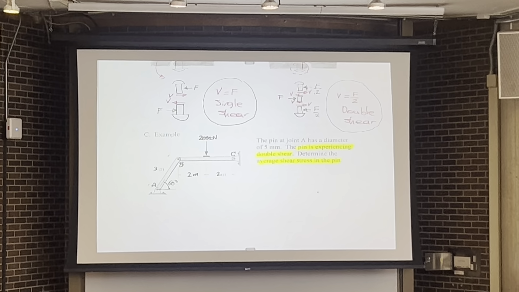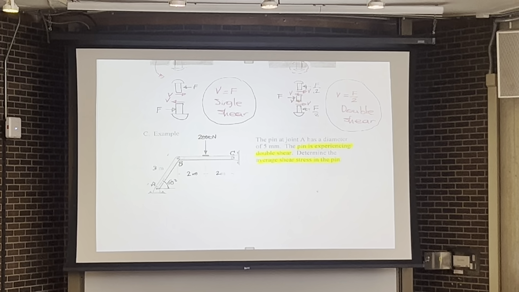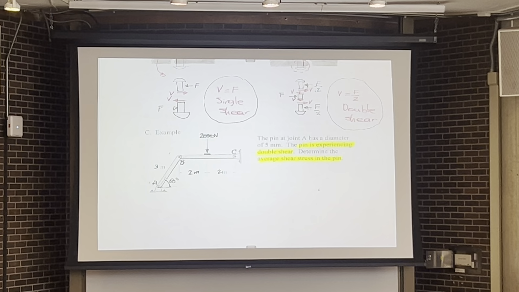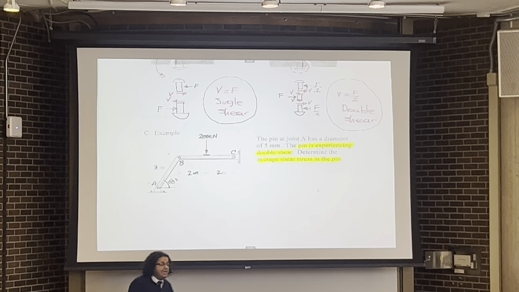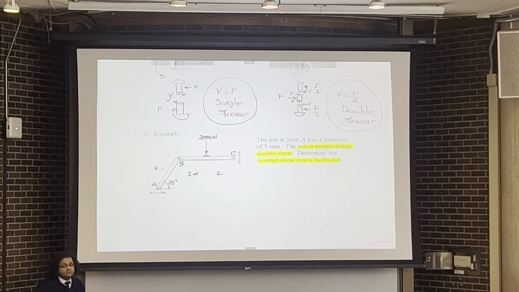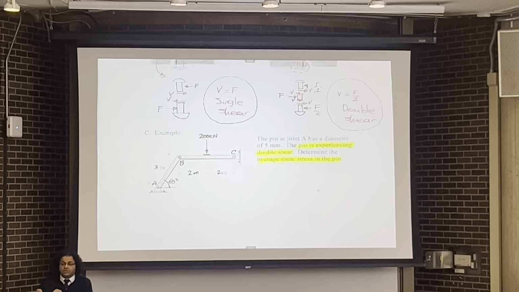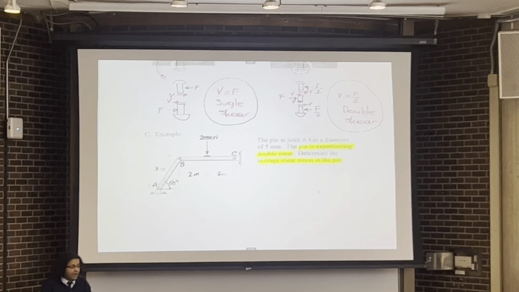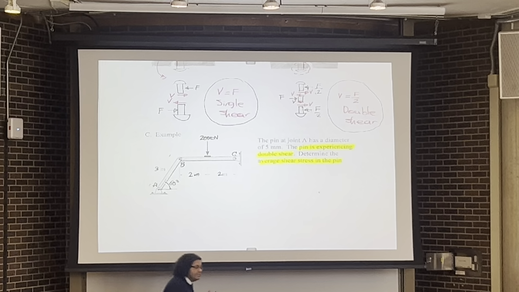We just investigated that in our previous problem. AB is under an axial force of compression. It's compressing the pin at point A, but pin A is under double shear. So we just need to divide that compressive force by 2. That will be the amount of shear force in that pin.